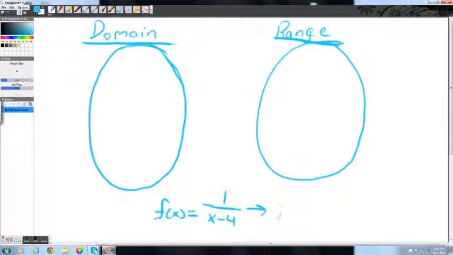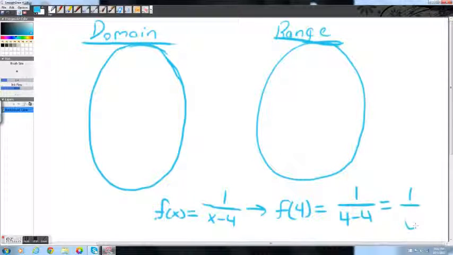Well, for example, if we had the function 1 over x minus 4 and we want to evaluate at 4, this function relates a real number x to the reciprocal of itself minus 4.